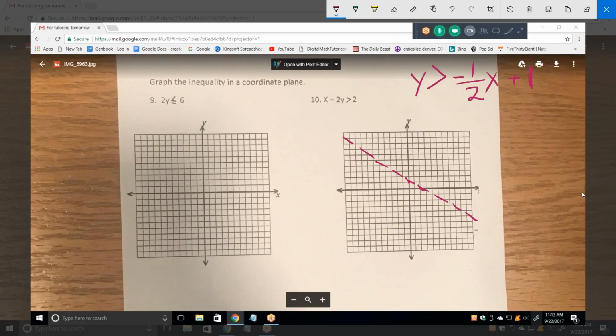All right. So that fits everything except we need to figure out which side to shade. Remember, look to the y-axis always. The answer is always above or below.